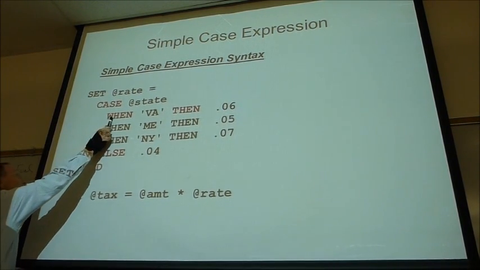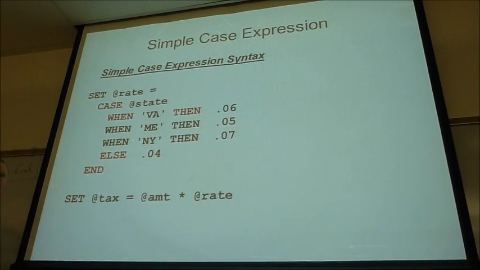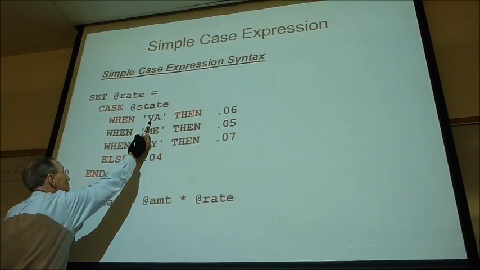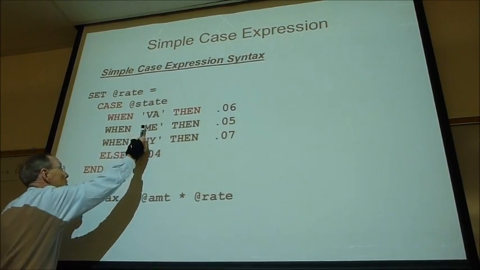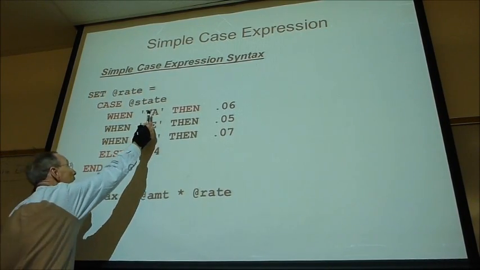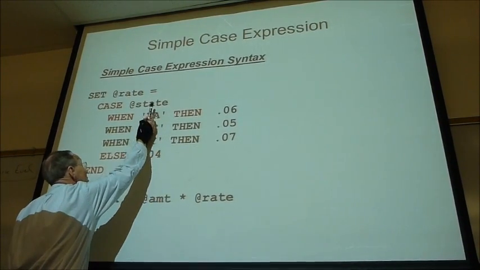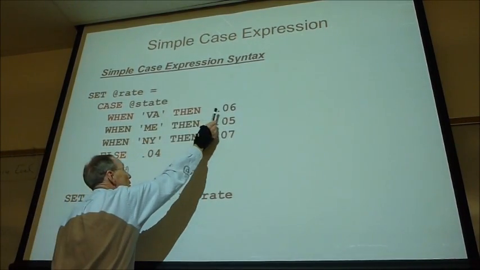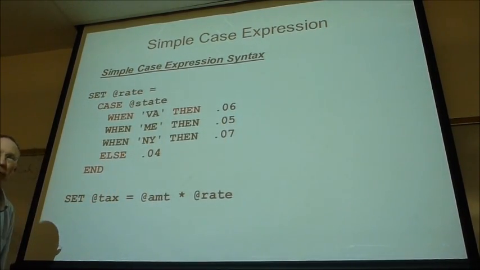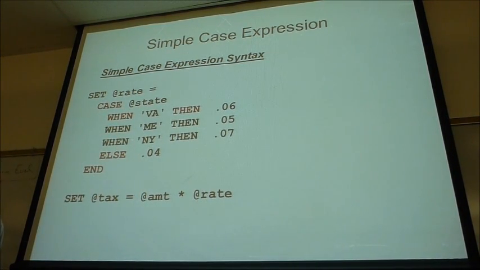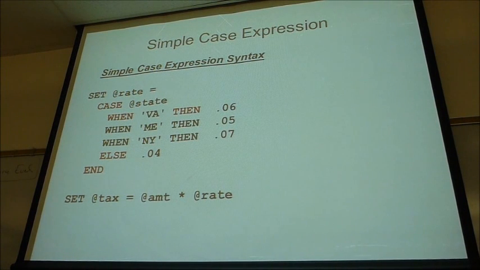Then it has at least one clause in there, known as a when-then clause. When the value for one of our selectors, the state, matches, in other words, if the value in state matches Virginia, then we'll assign the rate of 0.06. That's in the accumulator, which then gets assigned to rate.